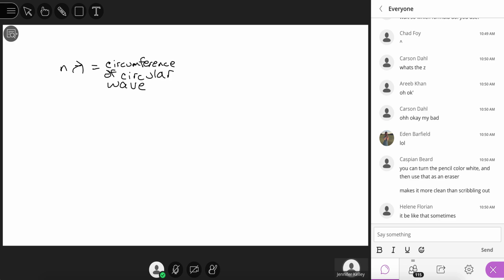Which is basically the same thing that they were saying before. Before they were talking about the length, and now they're talking about the circumference, which is just a circular length.